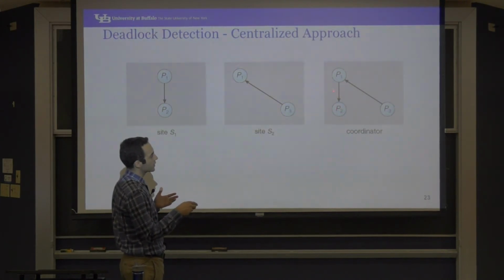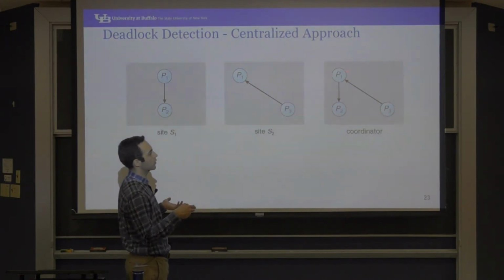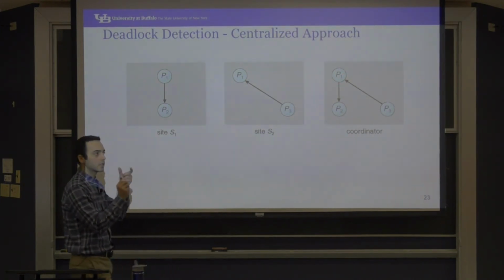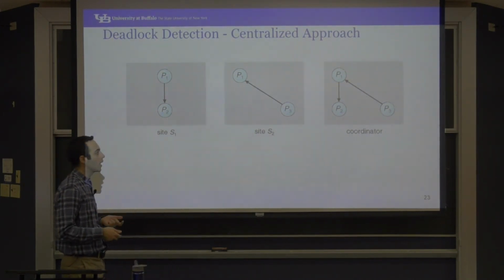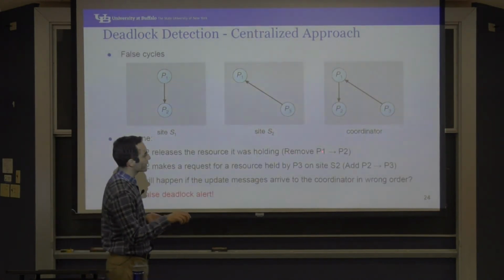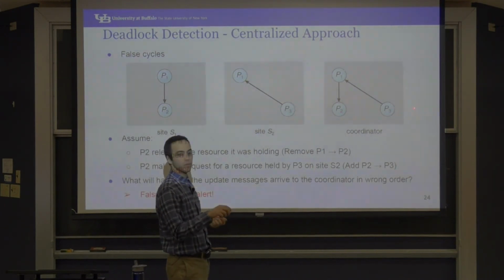Now if we remove this edge and add an edge in between these two, there's no cycle. P2 is waiting for P3, P3 is waiting for P1, and that's it. But these are two distinct messages, right? Now, when we are sending this to the coordinator, we are telling it to remove the edge from P1 to P2 and add the edge from P2 to P3.